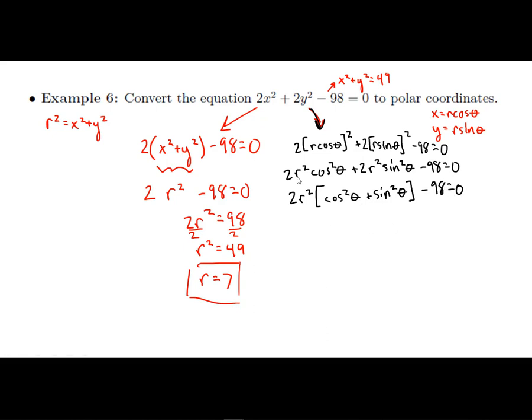All right, so even if you didn't recognize this right off the bat, you're not sunk. That's 1, so you have 2r squared minus 98 equals 0, which is the exact same thing that we came to using this method here. Now of course this is a little longer, so it's nice if you recognize that, but there's nothing wrong with doing it that way either.